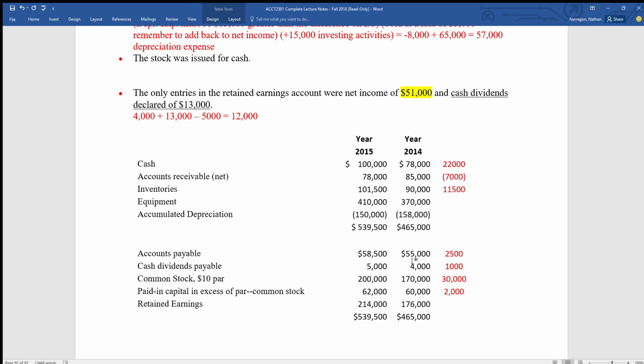I don't think I got anything wrong on the changes. I'm double checking right now, guys, just to make sure. No, I didn't have any change right there. So, and this is financing.